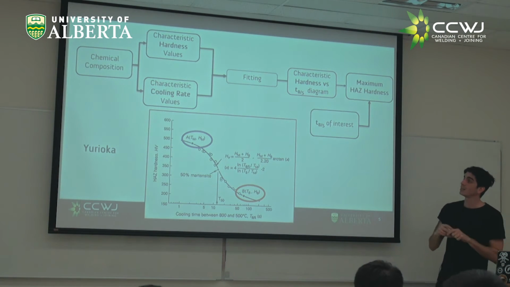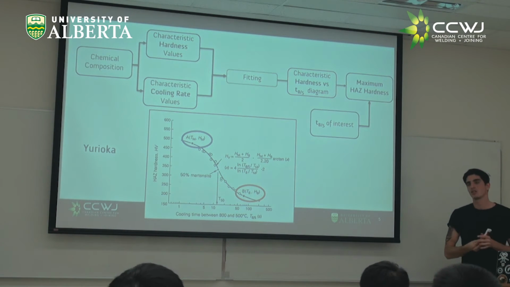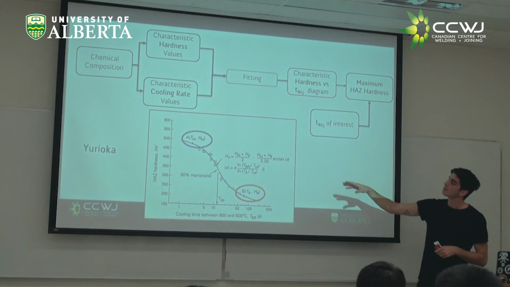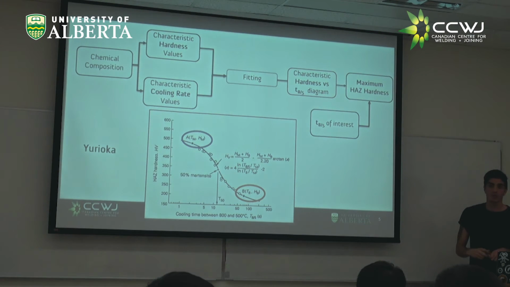And HM is going to be the hardness of that martensite. It's not going to depend on the cooling rate, so it's going to be a flat plateau, right? So that's your point A. Is someone lost? Are you following me with that?